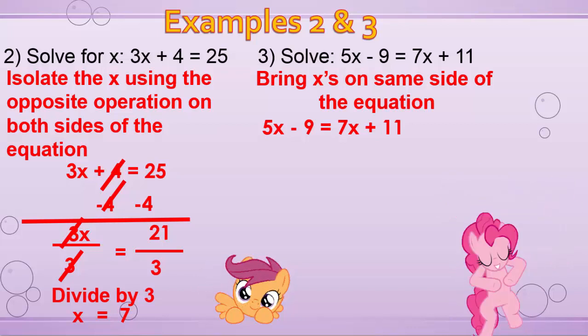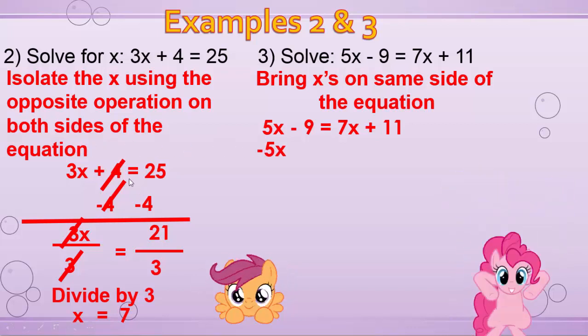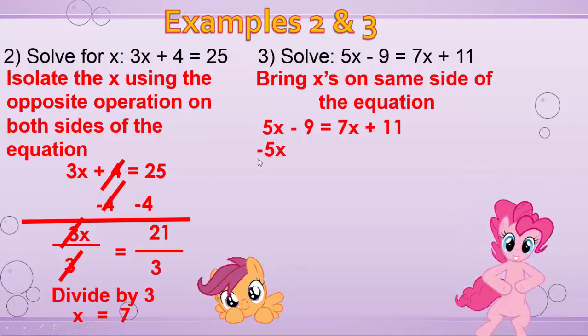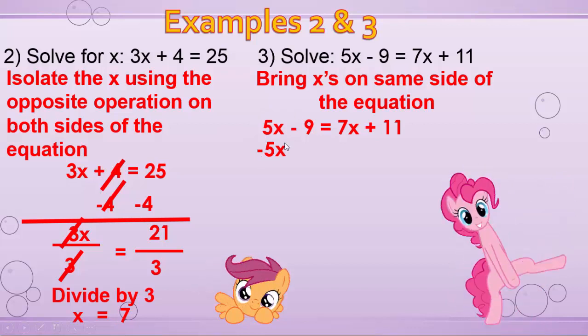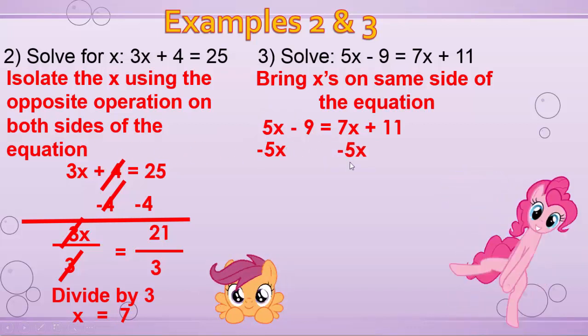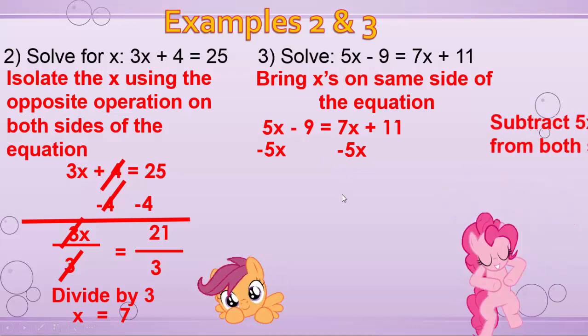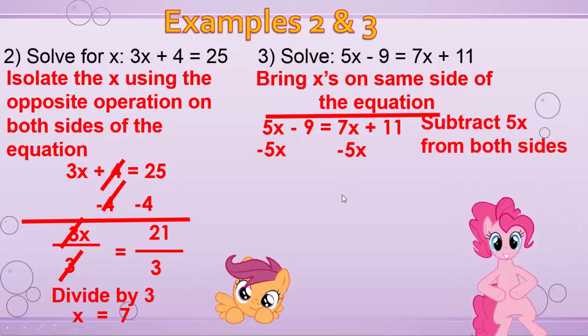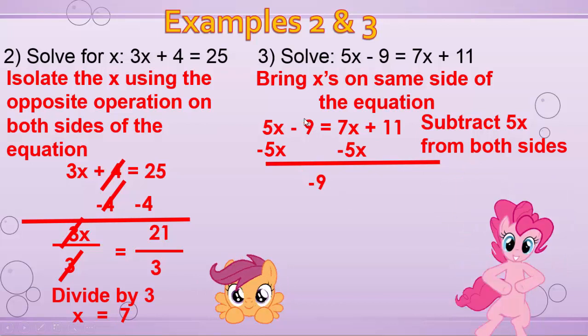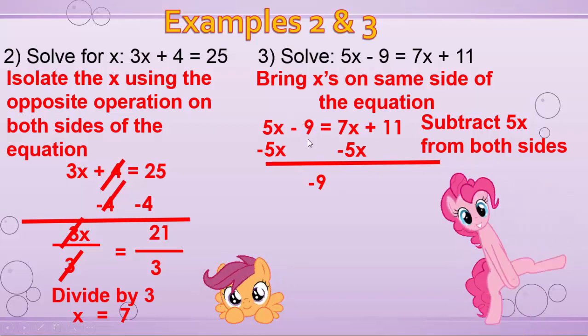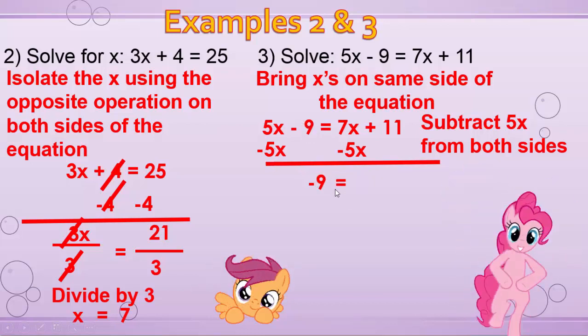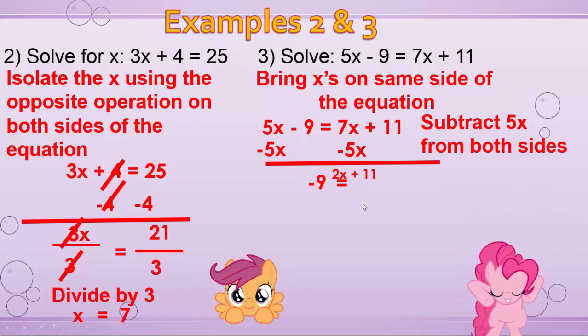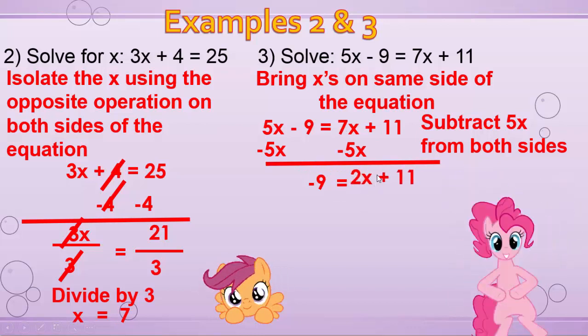So in this case, I'm going to take the 5x by subtracting a 5x on this side, and then subtracting a 5x on this side. And that means these cancel out. I'll get negative 9 here is equal to 2x plus 11.